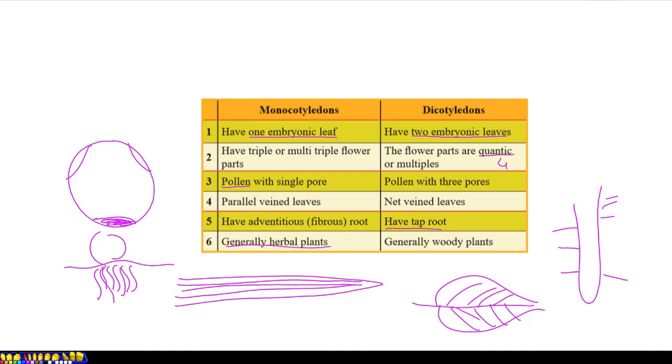Generally, herbal plants, which have a flexible stem, have no secondary growth and do not live for many years, and maybe we can say they also have parenchyma, as we remember the location of parenchyma found in the major organs of herbal plants, but not sclerenchyma. But dicotyledons have secondary growth, they live for many seasons, and they are generally woody plants.